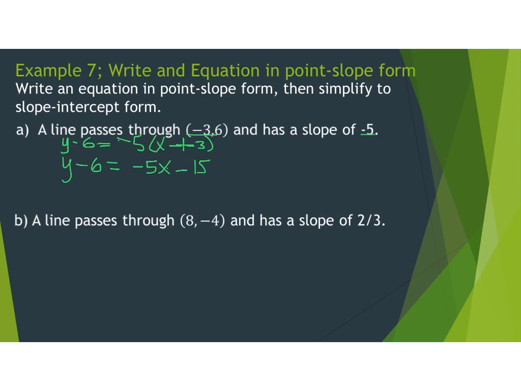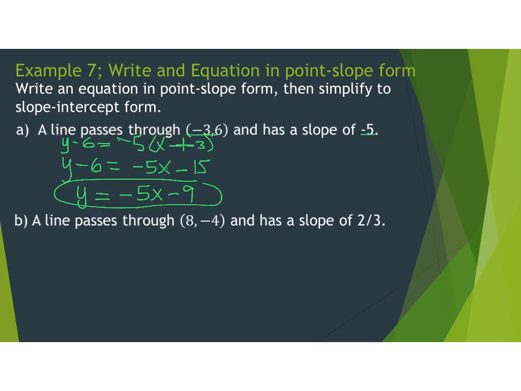And then add the 6 over, and y equals negative 5x, negative 15 plus a positive 6 would be minus 9. So that is your slope-intercept form when we started in point-slope form.